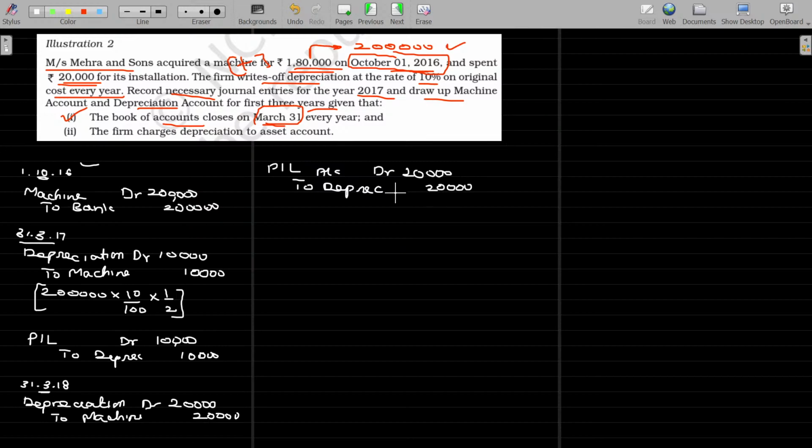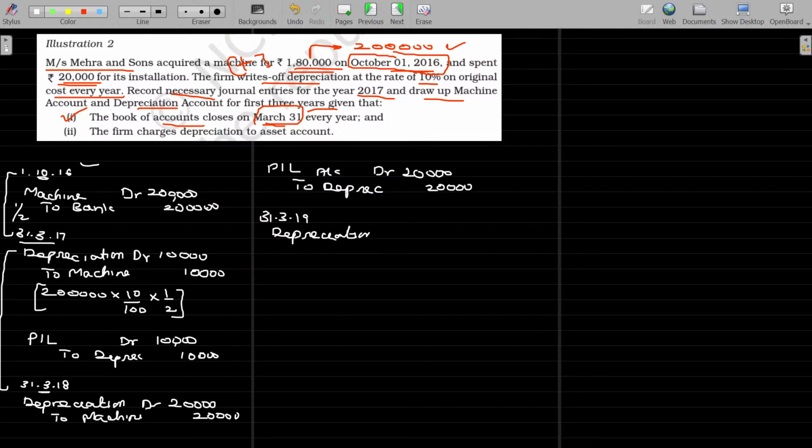One full year. First case, it's only for half year, starts from 1st October to this date. Half year only there. Now from here to here, 1 full year is there, so we can claim the depreciation for 1 full year. Then the third year, 31/3/19. Calculate the depreciation for the full year here.